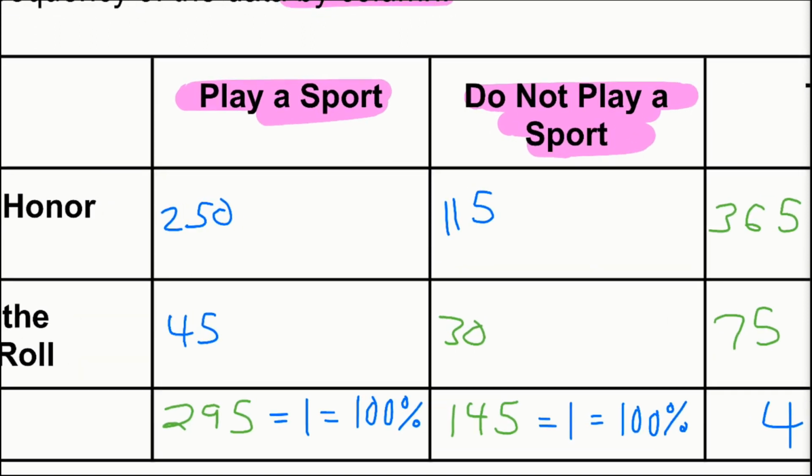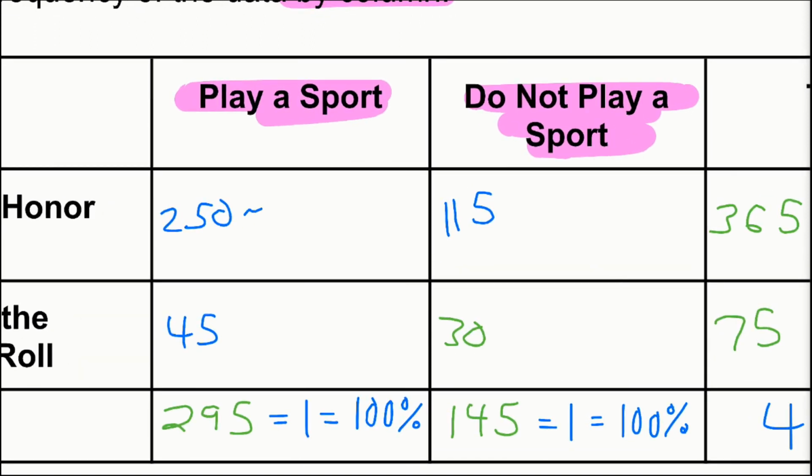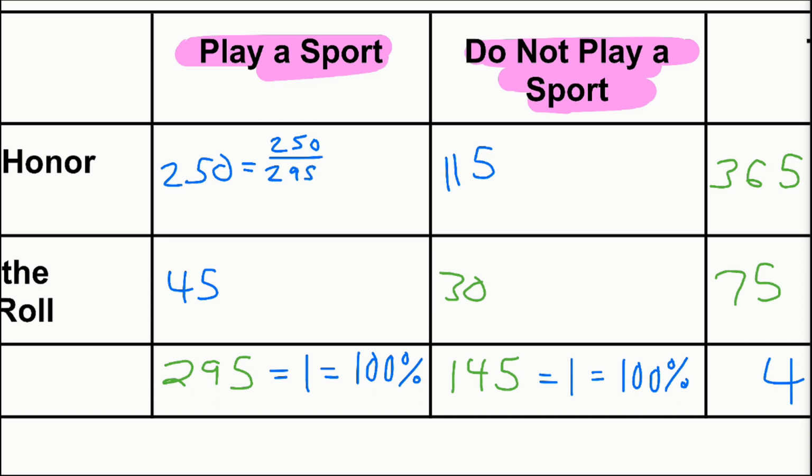So 250 out of 295. 0.85 about. That would mean that we assume that this one is probably going to be, I would say 0.15. But I'll do the calculation. 0.15.